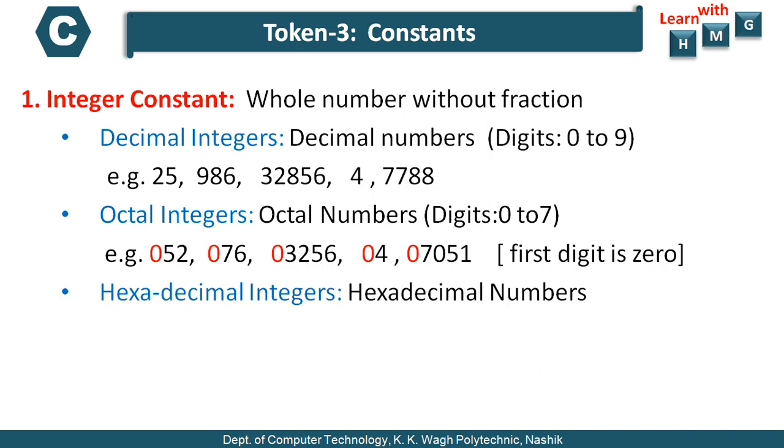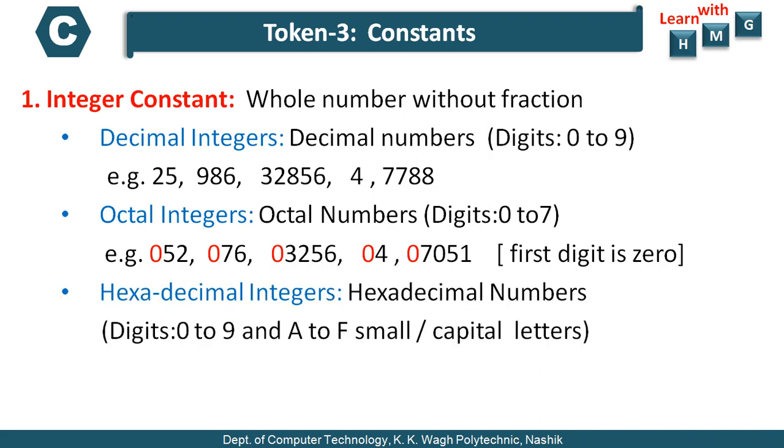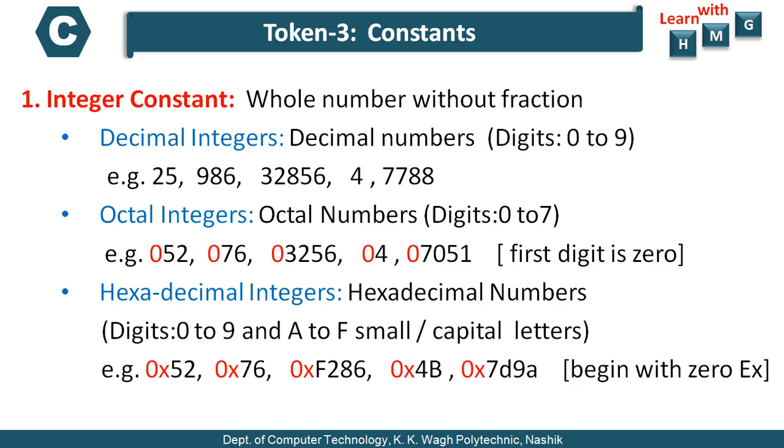Hexadecimal integers, which are hexadecimal numbers with 16 digits, 0 to 9 and the alphabets A to F in small or capital letters, and these constants begin with 0x followed by any digits between 0 to 9 and A to F. Some examples are given, and all these are considered integer constants in C.